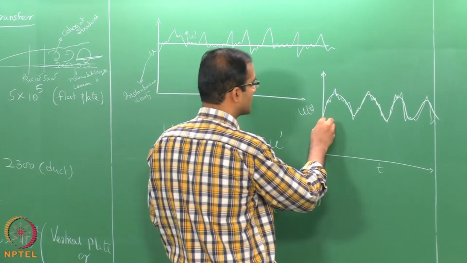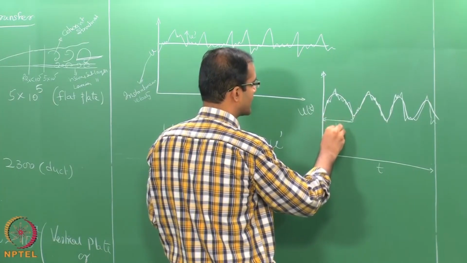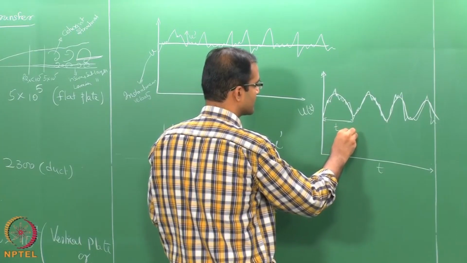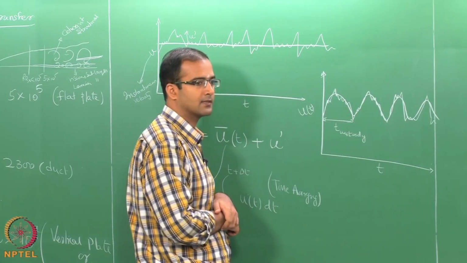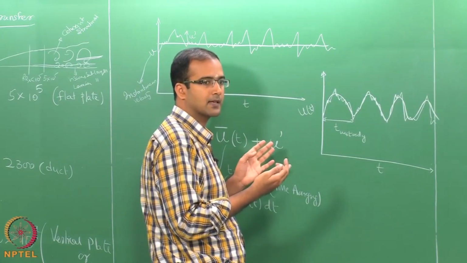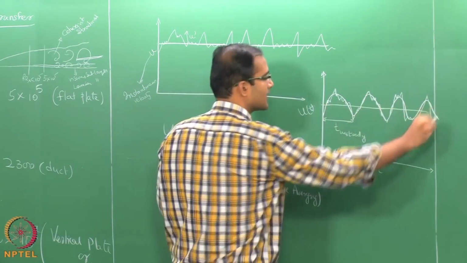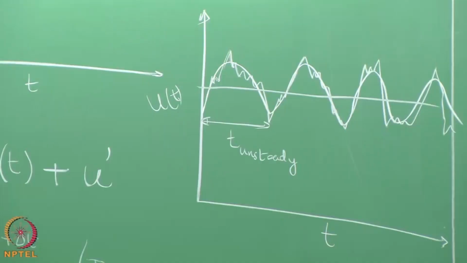Suppose this is your time scale of the unsteadiness. Your delta t should definitely be smaller than this. If you apply a delta t larger than this time scale, you will only get something like this, right.